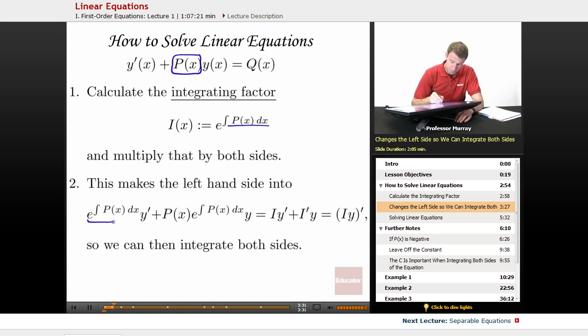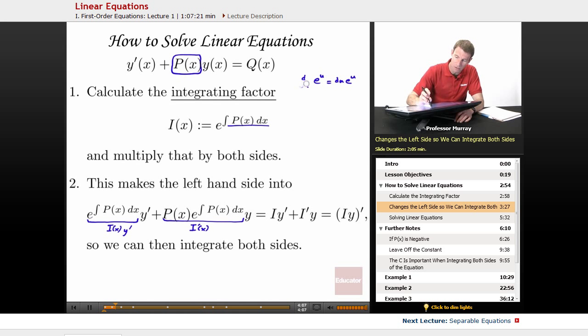On the left-hand side, we'll have I of x times y prime. And then here we have y times a very large mess. But what this mess turns out to be is the derivative of I of x. Remember that when you take the derivative of e to the u, d by du of e to the u is just e to the u times the derivative of u.